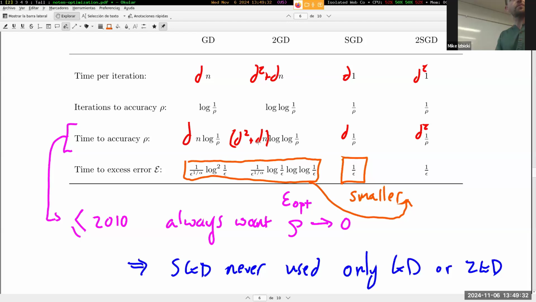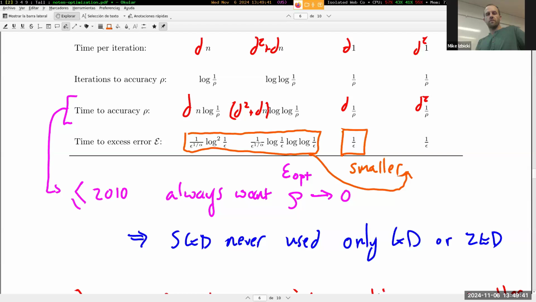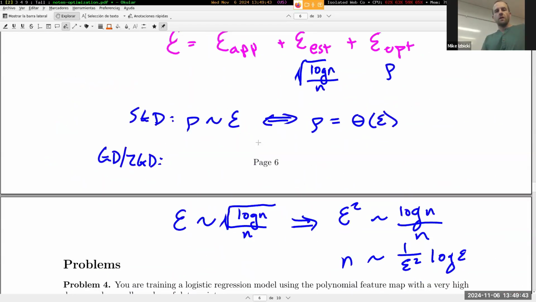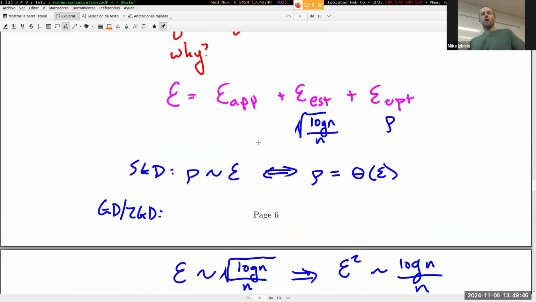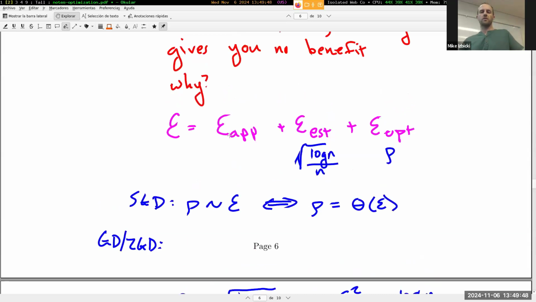Question? So you're saying you want to set rho to the total error, and the total error is made up of 3 parts? Yeah, so we're saying that all 3 of these parts are going to be asymptotically set to each other, and because of that, you're ignoring the constants. So setting rho, or E opt, asymptotically to epsilon, you can think of it as, okay, let's just make it 1/3 of our excess error.